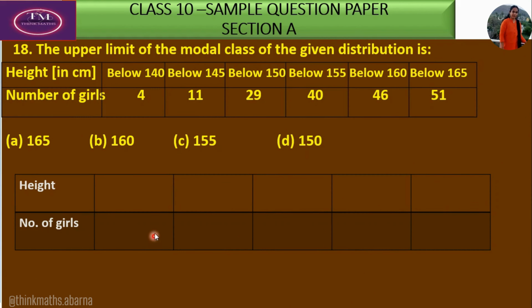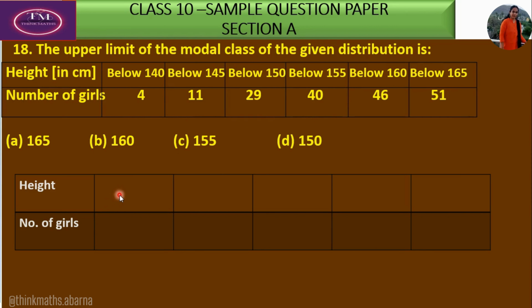It is based on statistics. There is a table given here. The question asks for the upper limit of the modal class of the given distribution. There is a table with height and number of girls, so we have to convert this to the normal table, that is, we have to form the limits.